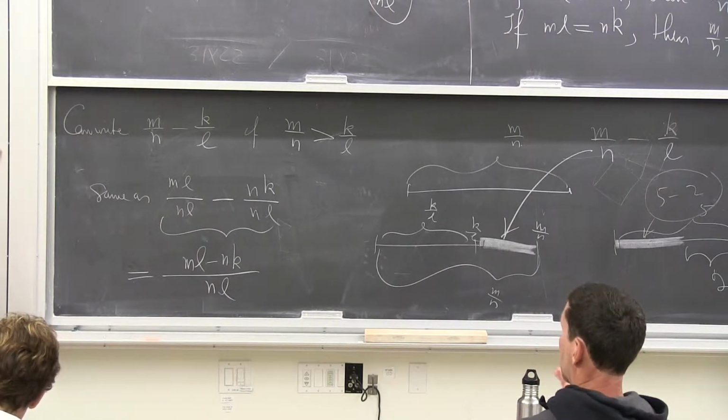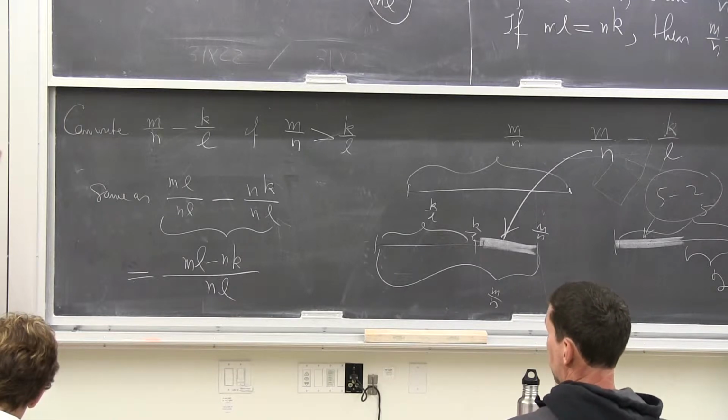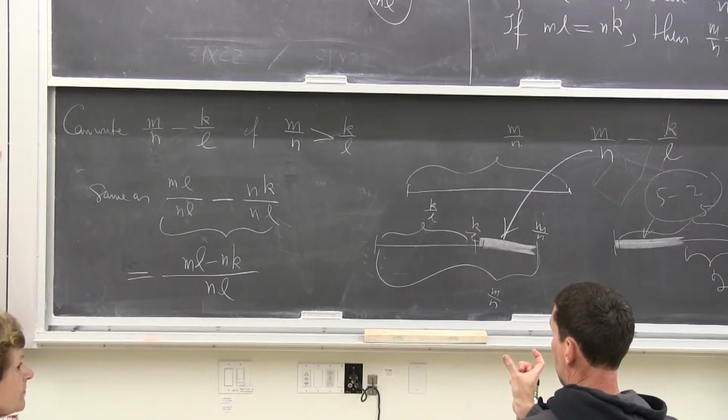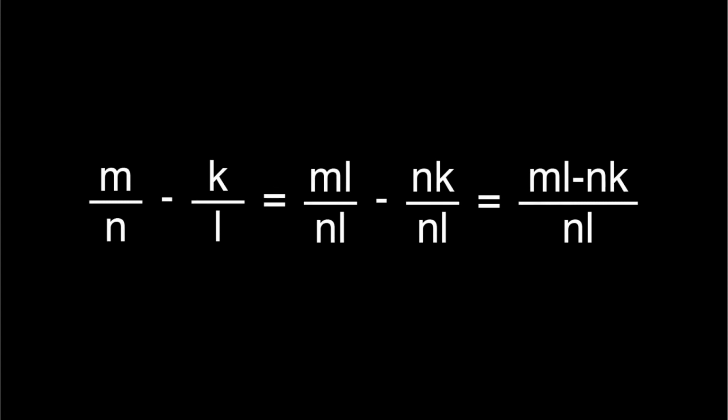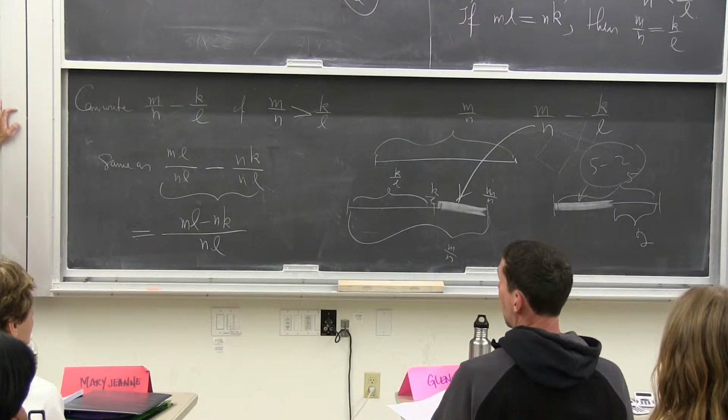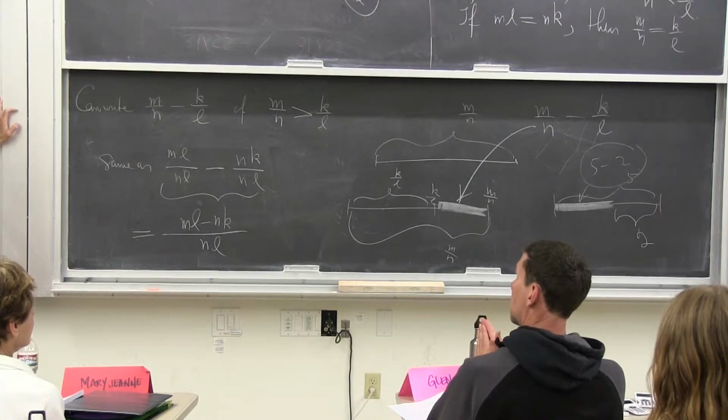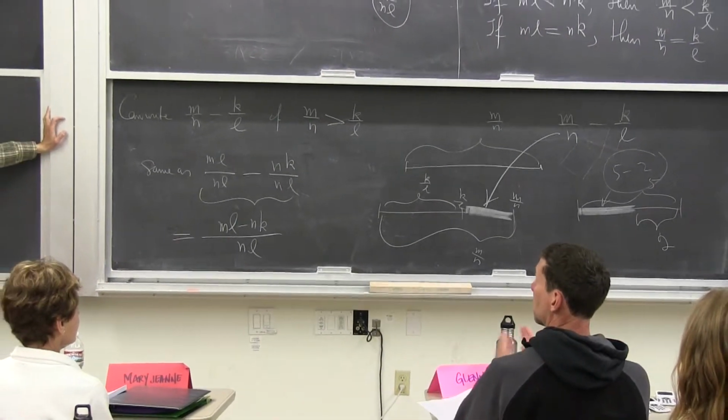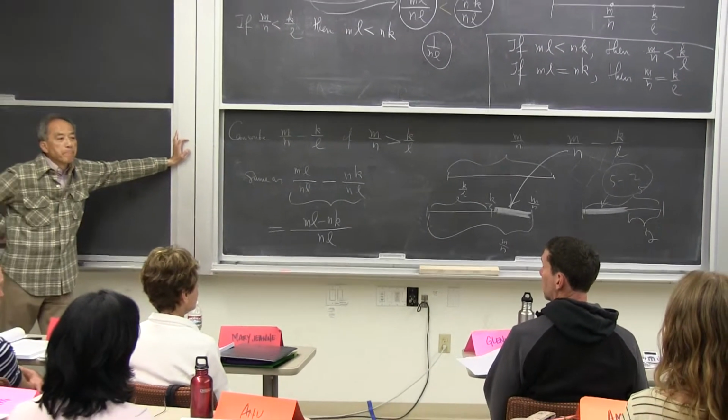Well, kind of like what you're saying in the example that you gave, what's left is you're taking away the length of ML. Exactly. And then if you take away NK, what's left is the difference between the two numbers. Yes. But your denominator still remains the same, which is the whole length that you divided it into.